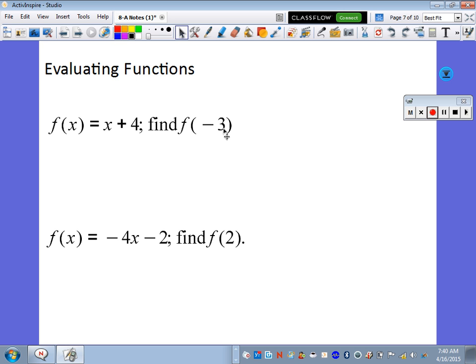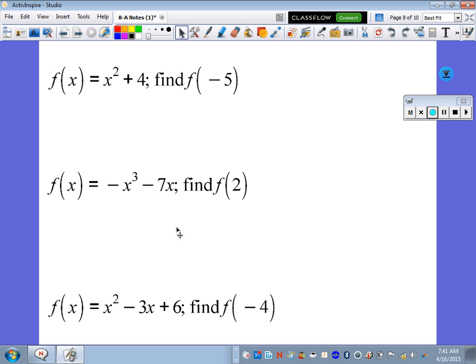Replace x with -3, so you're going to get -3 plus 4, so it's 1. Here you're going to replace x with 2, so -4 times 2 is -8, minus 2 is -10. And then the same thing here. Each time you're just replacing the x with whatever number is given. When you replace this x, you might want to put the number in parentheses.